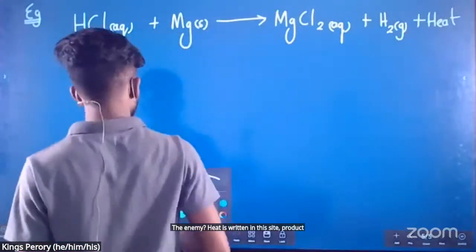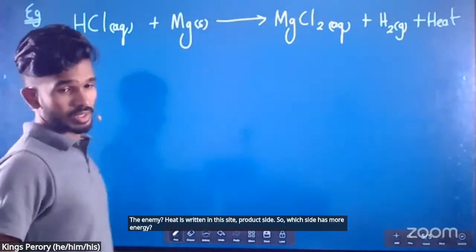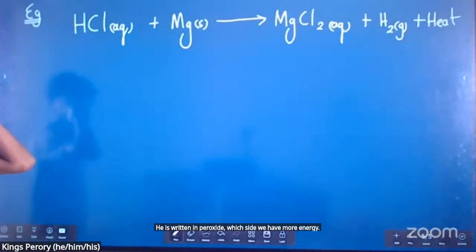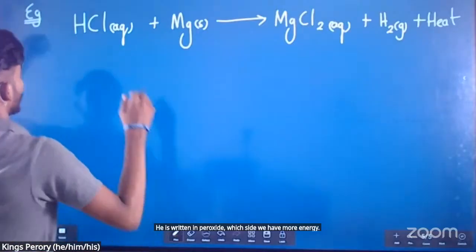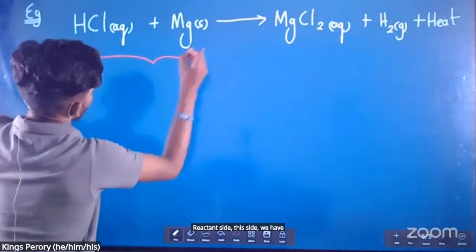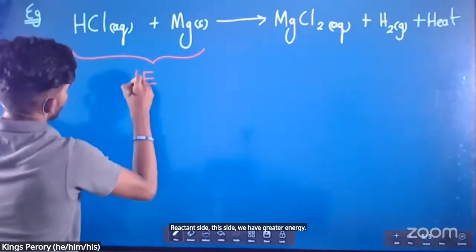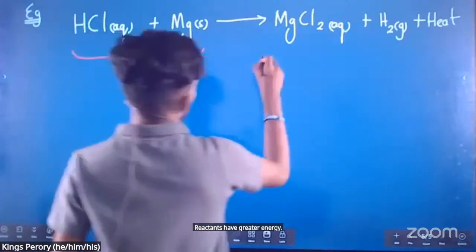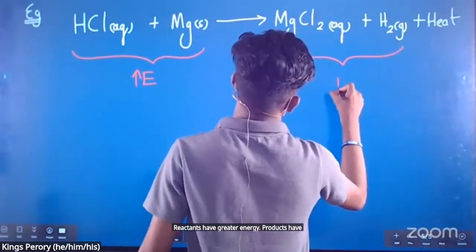So which side has more energy? Reactant side. Here we have greater energy. Reactants have greater energy. Products have lesser energy.